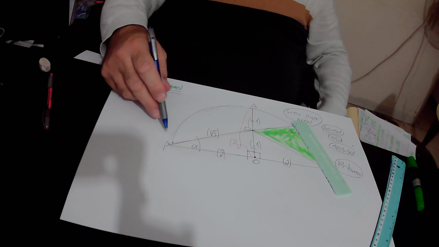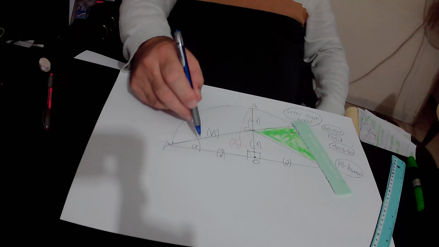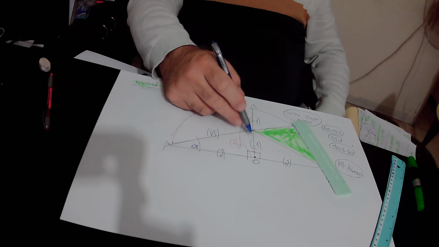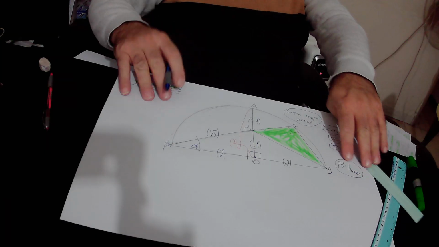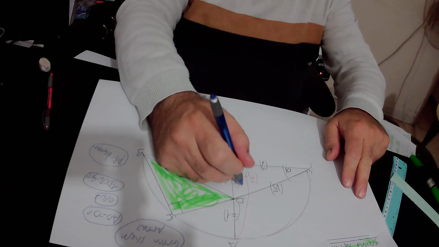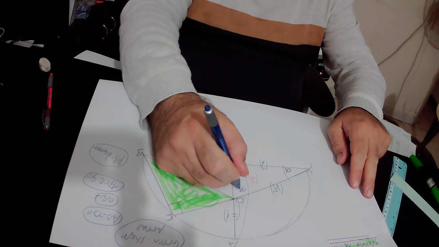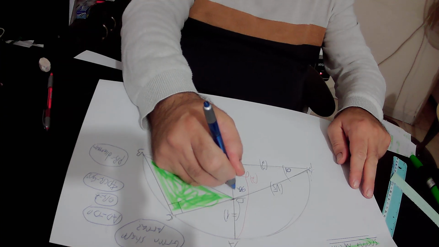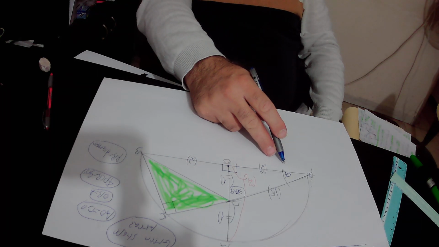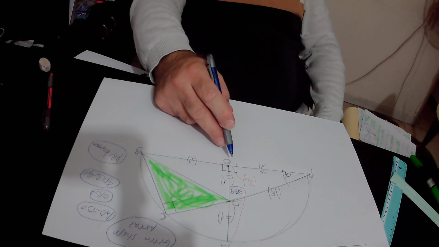So this is the right triangle PDO. In the right triangle PDO, this angle equals alpha, this angle equals 90 degrees, and therefore this furthest angle is equal to 90 degrees minus alpha. Why? Because 90 degrees minus alpha plus alpha is 90 degrees, and 90 degrees plus 90 degrees is equal to 180 degrees.